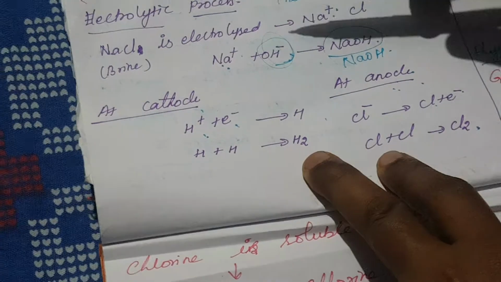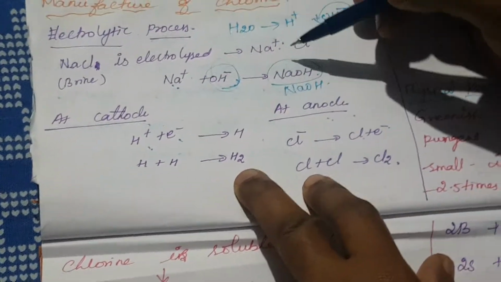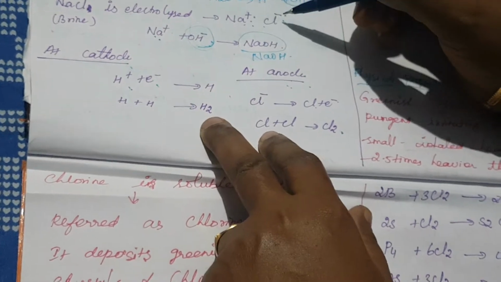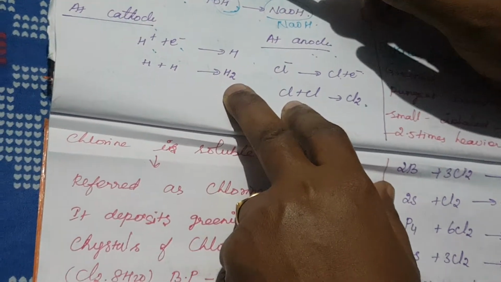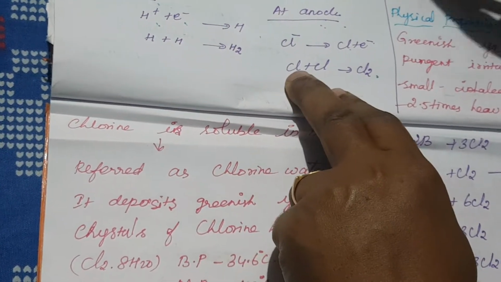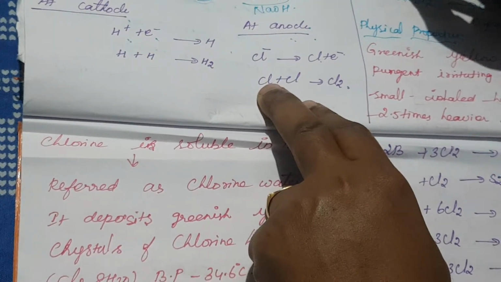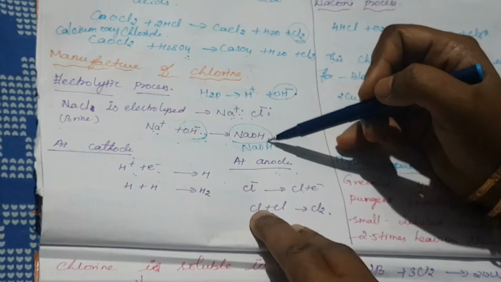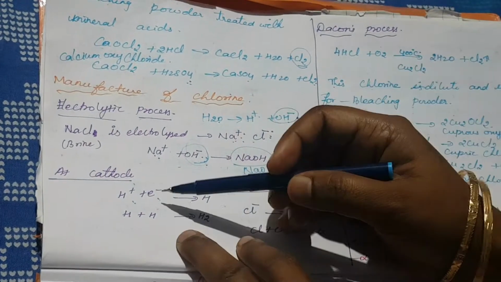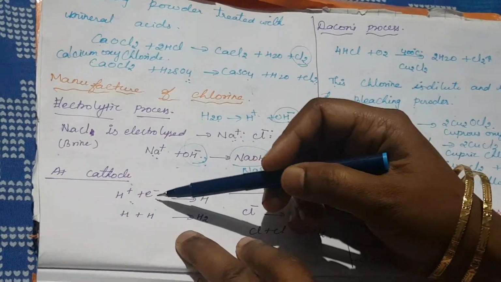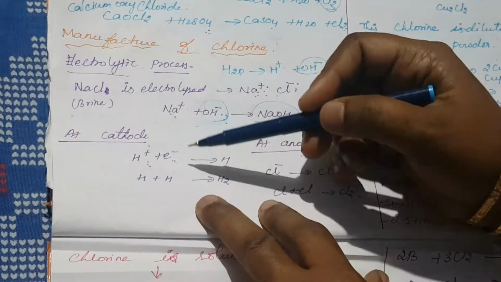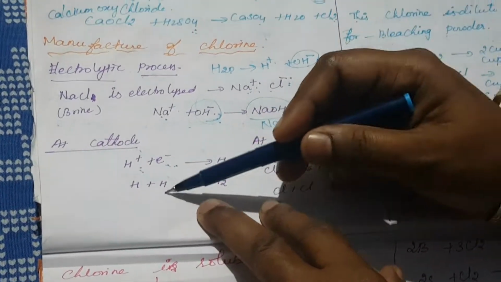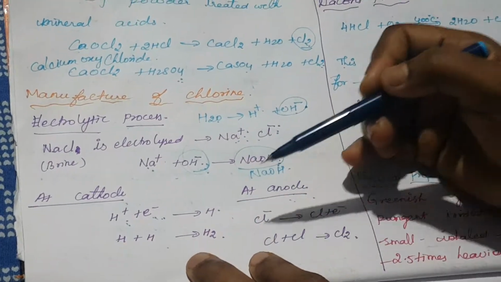In your book, sodium chloride dissociates into Na plus ion and Cl minus ion. Then the water molecule dissociates into H plus ion and OH minus ion. This sodium ion combines with OH minus ion to form sodium hydroxide. At the cathode, H plus ion reacts with an electron to form hydrogen, and two hydrogen atoms combine to form a hydrogen molecule.